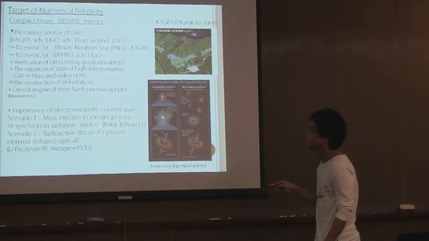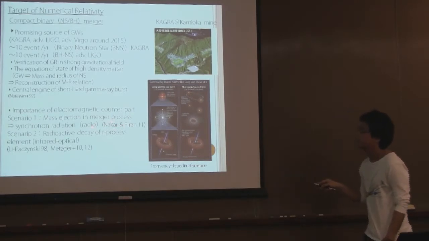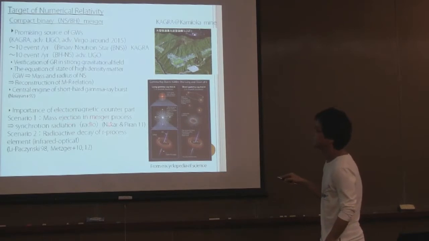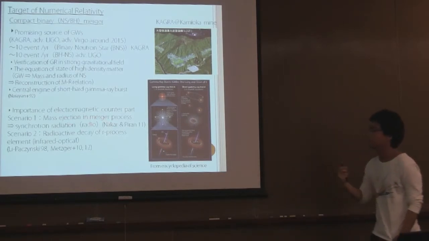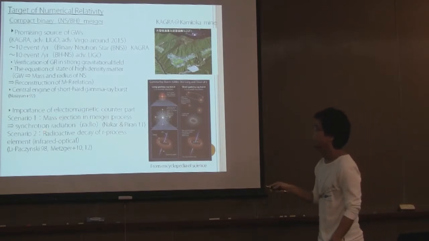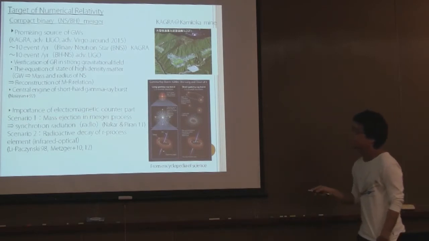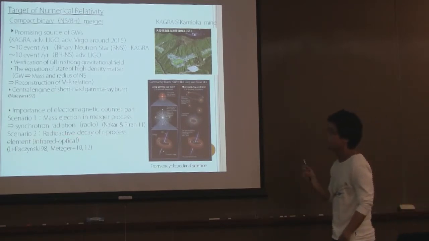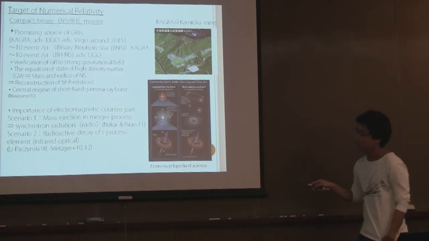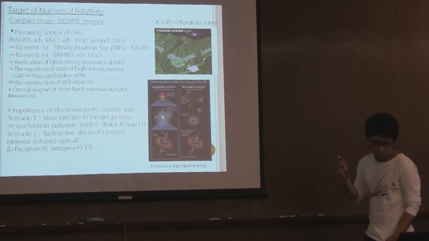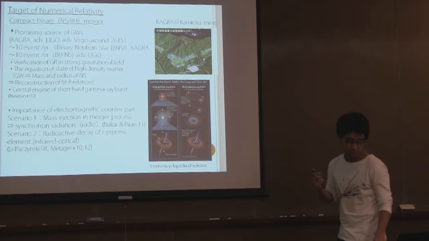The first one was proposed by Nakar and Piran, and they discussed that ejected matter during the merger process interacts with the interstellar medium, and then an electromagnetic signal is emitted by synchrotron radiation. The other scenario is the radioactive decay of r-process elements in the ejected matter. To assess these scenarios, we should verify the properties of the ejected matter, such as mass, velocities, and the chemical composition, and so on.